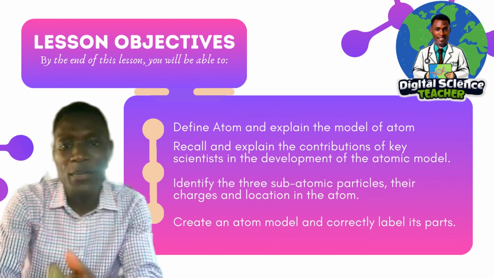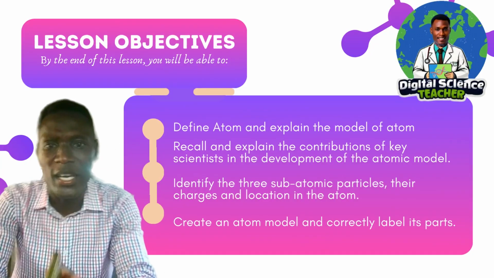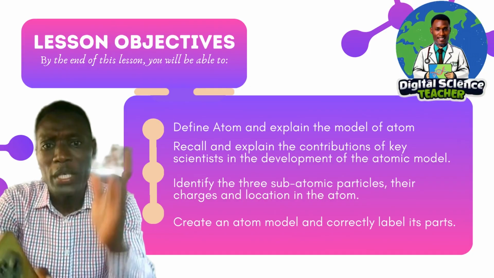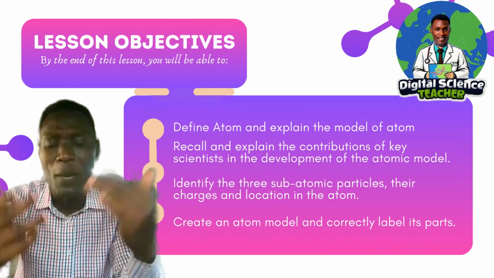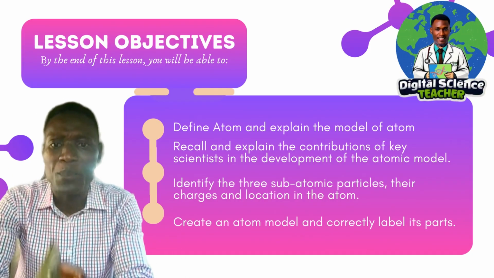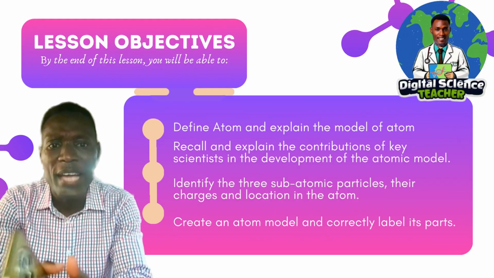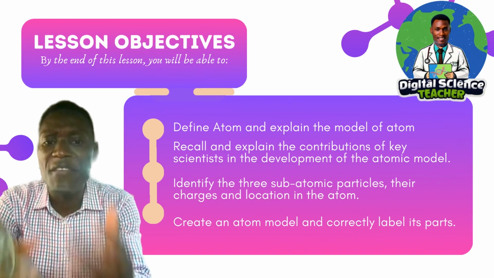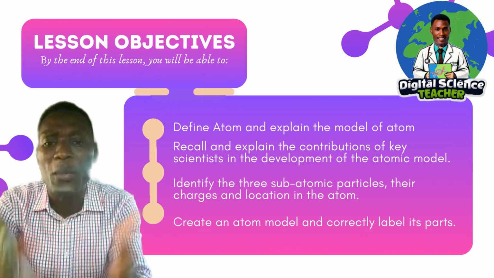So, the learning objective of this lesson include the following. At the end of the lesson, you should be able to define and explain the model of an atom. Recall and explain the contribution of key scientists in the development of the atomic model.